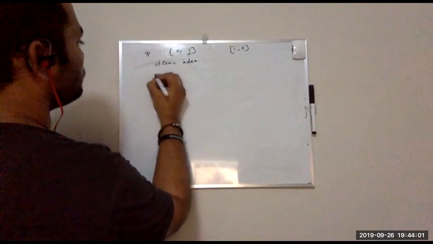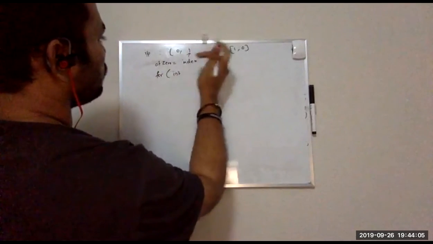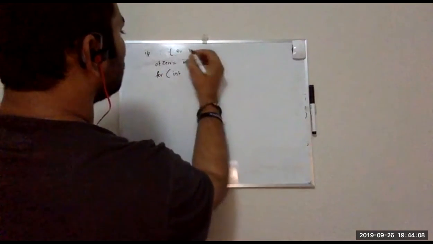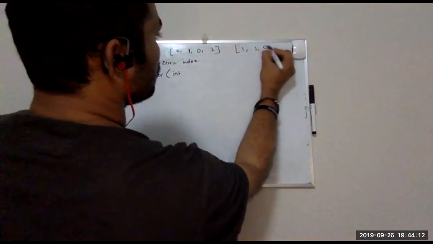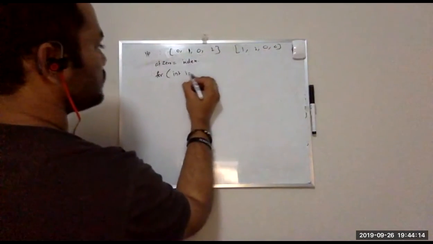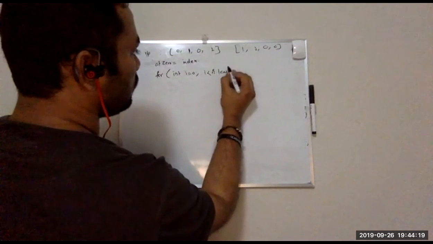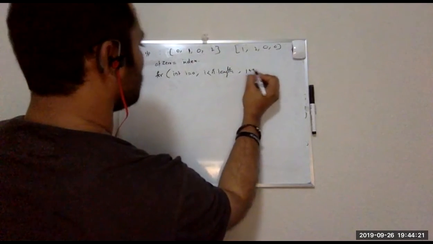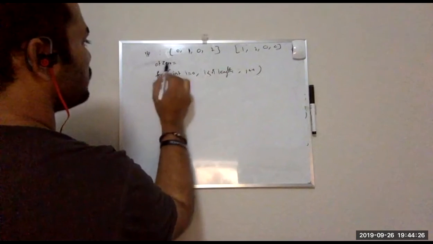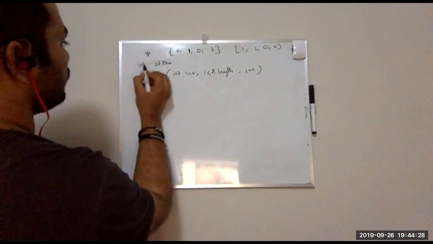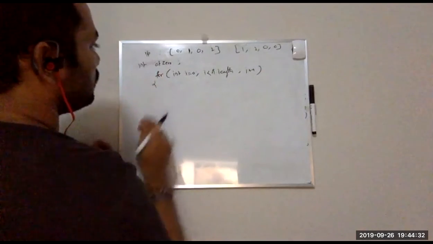So for example, say we have 4 elements, 1 0 2 0, and the output is 1 2 0 0. Int I is equal to 0 and I less than a dot length, I plus plus. Initially we put at 0 as just an integer variable here, we don't initialize it, making it a counter.